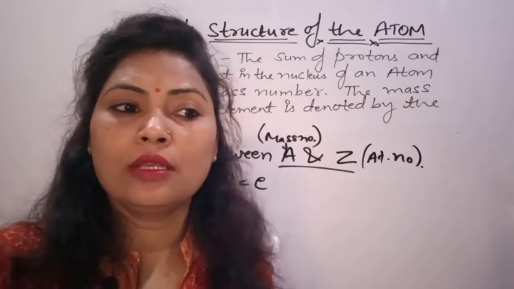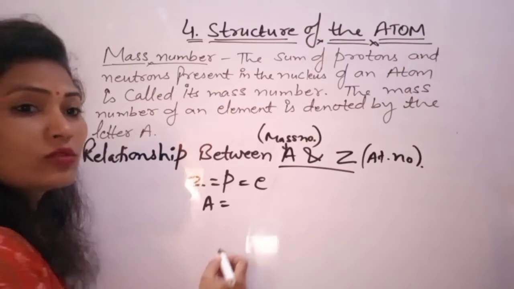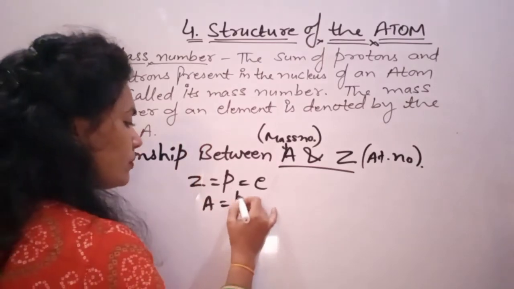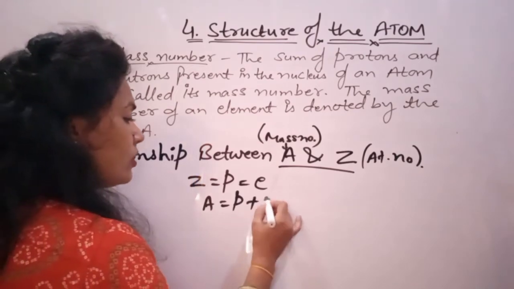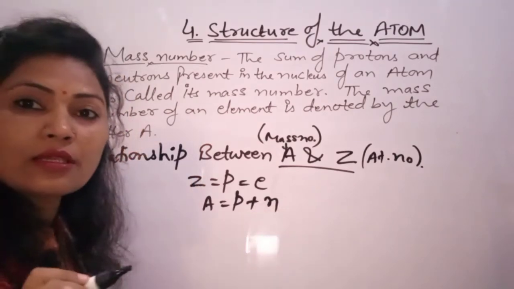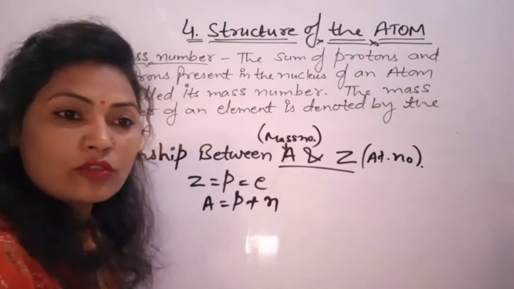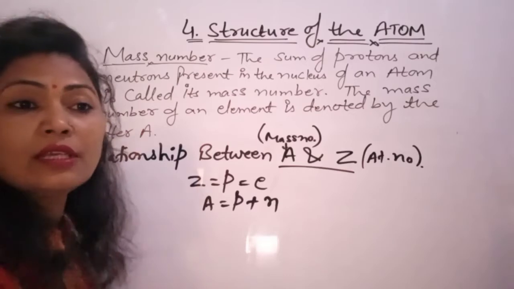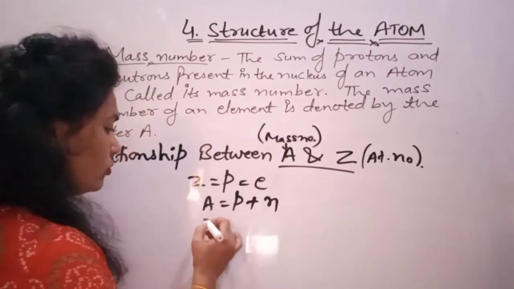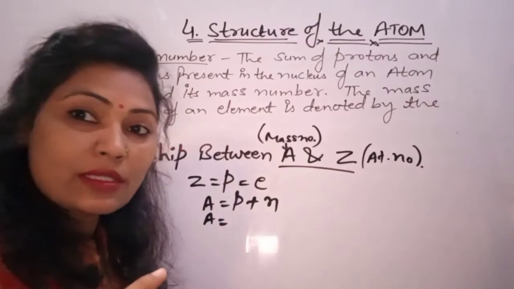It means you can write that A equals the number of protons P plus the number of neutrons, that is N. Or we can write that A equals atomic number plus number of neutrons.